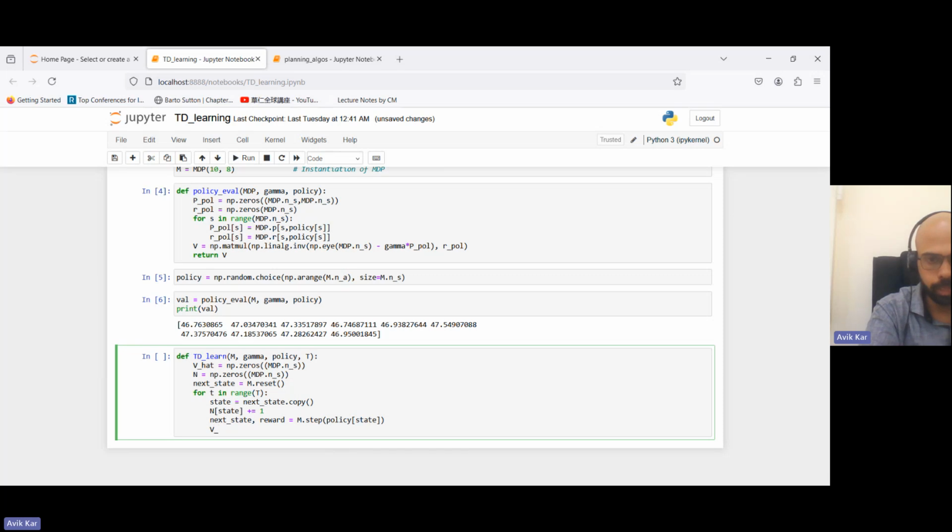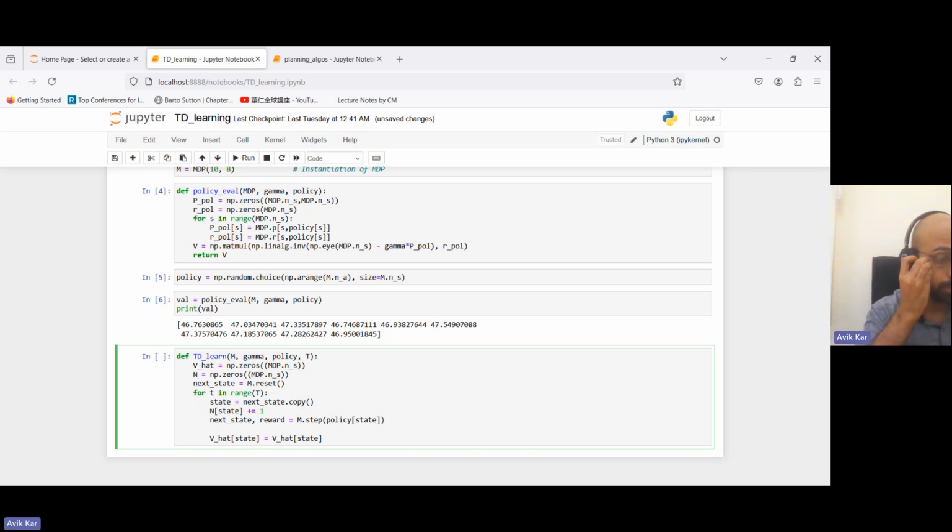Then you update V hat. Skip a line. V hat of state, you update that using plus equals alpha of n(s). Theoretical analyses have shown that if we take alpha as 1 by n(s), that would be nice.